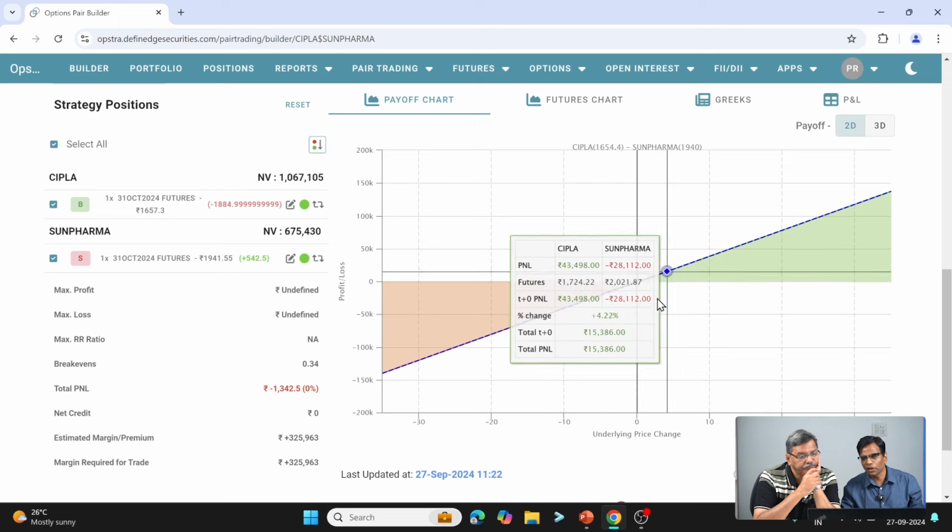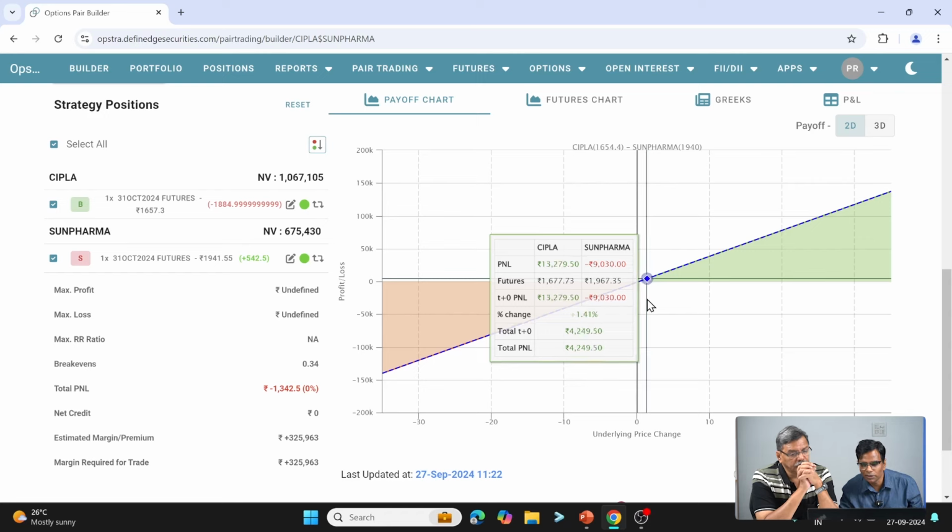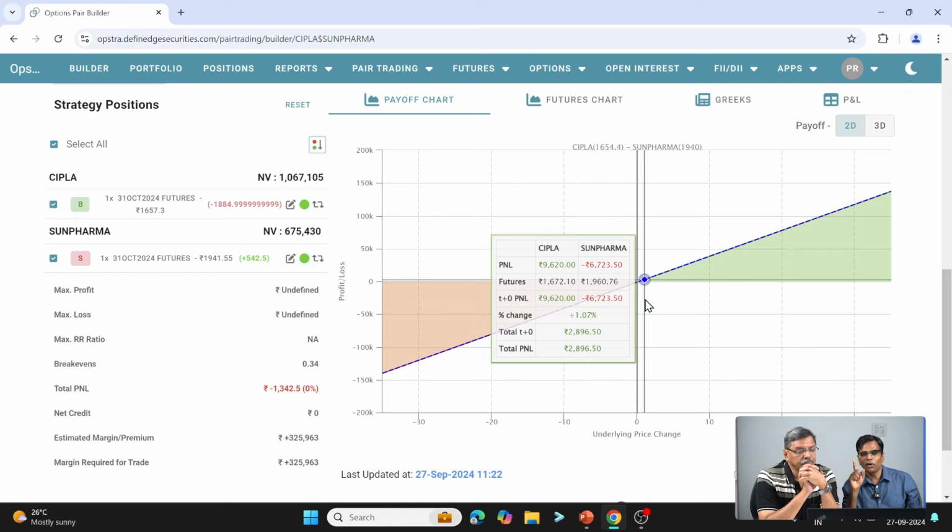You can scroll and see what happens. Let's say both of them go up by 1%. Then you will lose 6,000 in Sun Pharma and gain 9,620 in Cipla, so your total PNL will be 2,896.